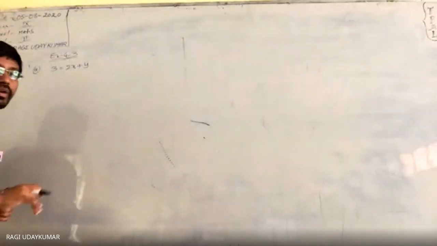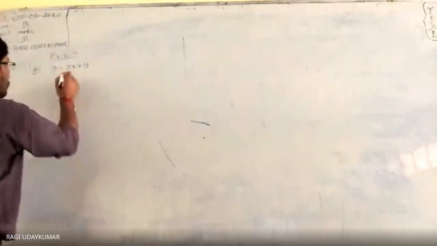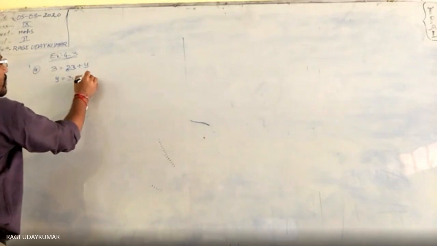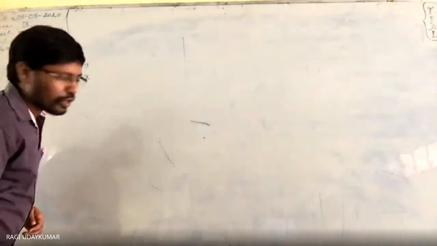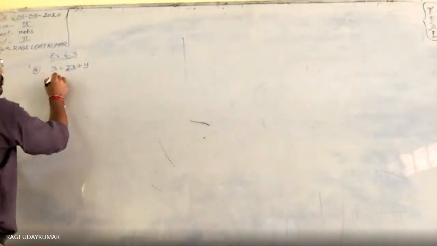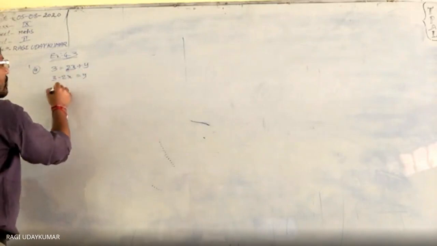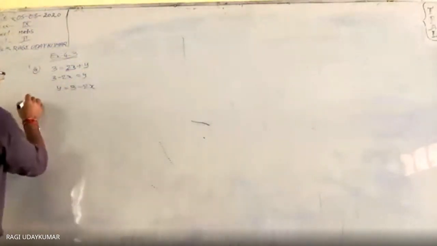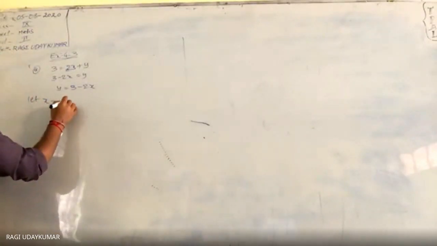Okay. So now here what fourth problem if you see that here y is equal to, ये इधर लेके जाओ, 3 minus 2x. Actually what do you get here? ये इधर आया तो 3 minus 2x is equal to y. So y is equal to 3 minus 2x. So let x is equal to minus 1.